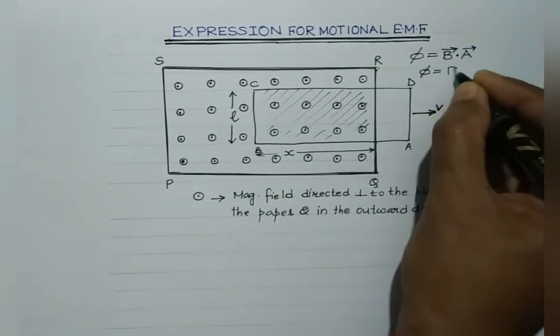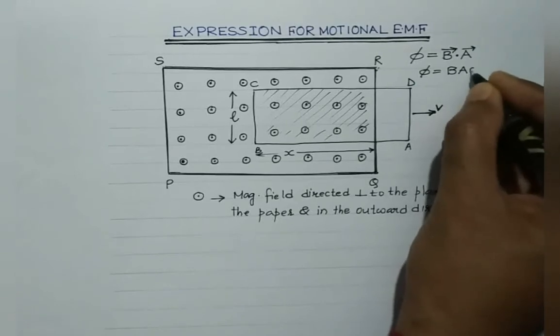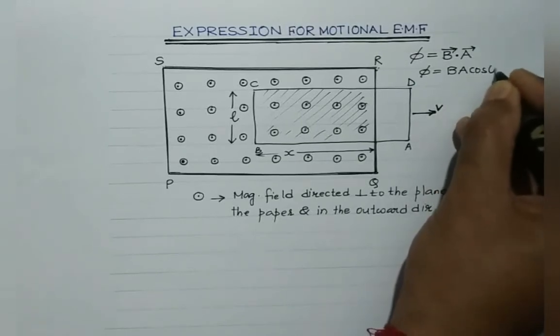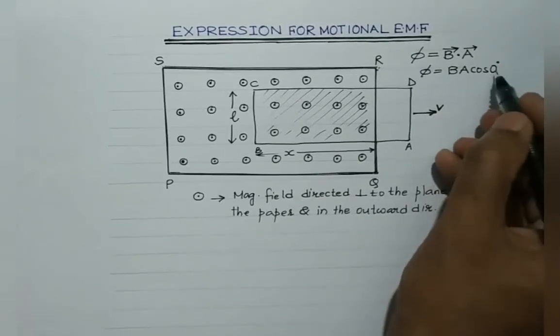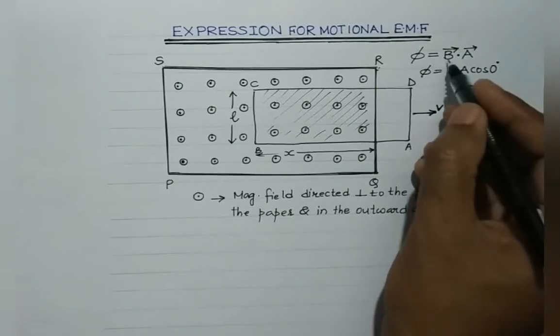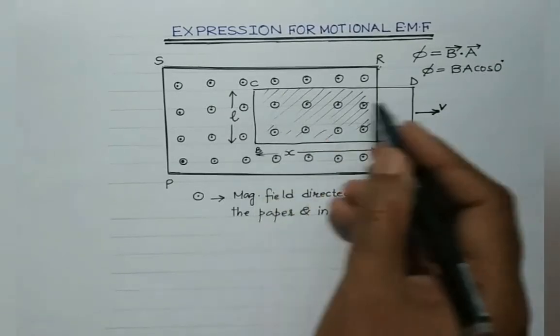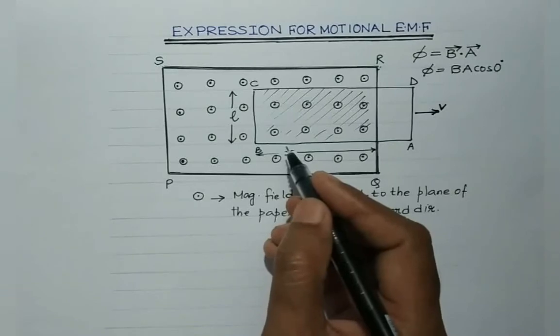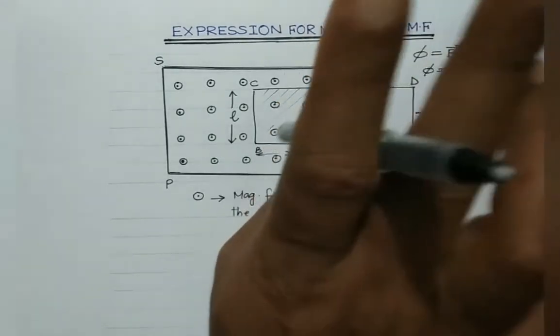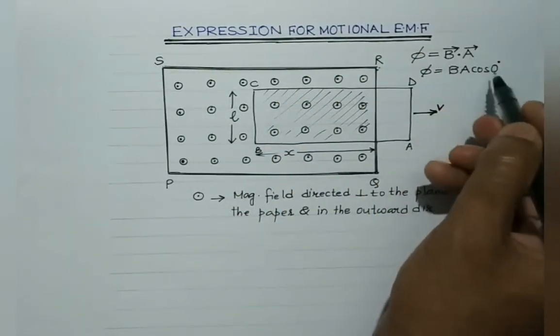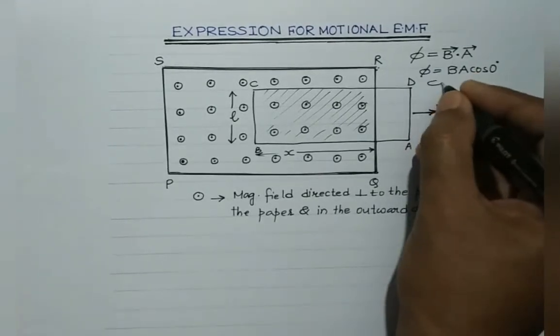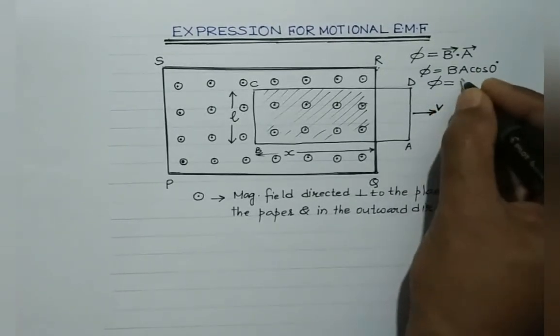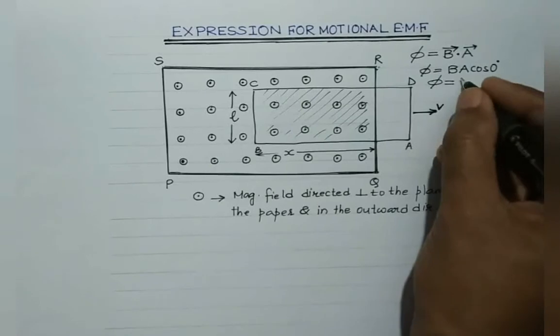So it is BA cos 0. The 0 degree is the angle between the magnetic field and area vector. Area vector of a given loop is always perpendicular to the area of the loop and in the outward direction. So flux at any instant associated with this loop is BA.